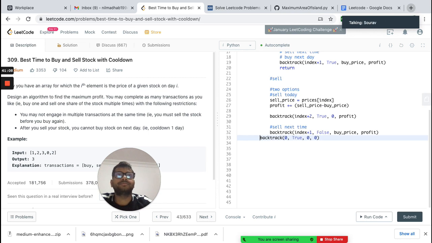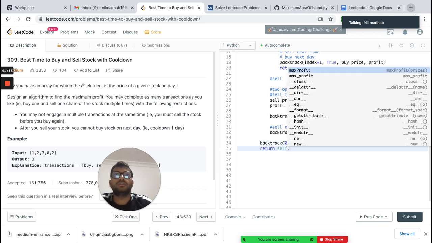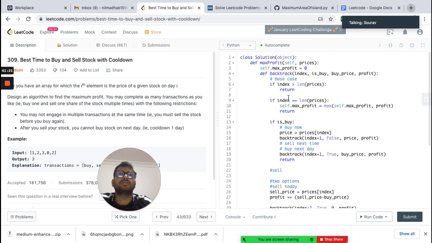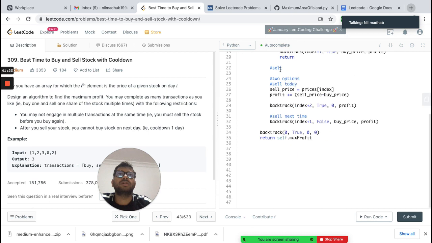Buy price will be price of 0, and profit will be also 0. One second. Return self.max_profit, right? Yeah. Right.